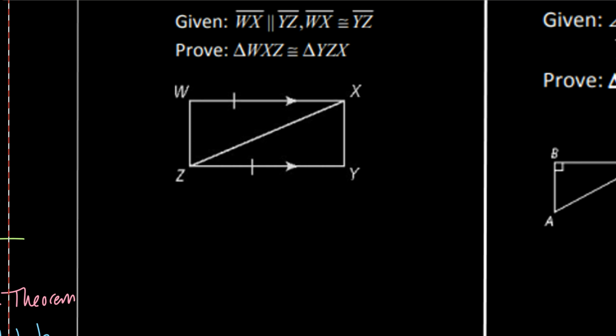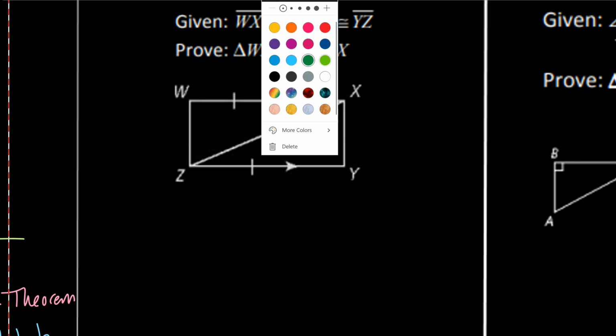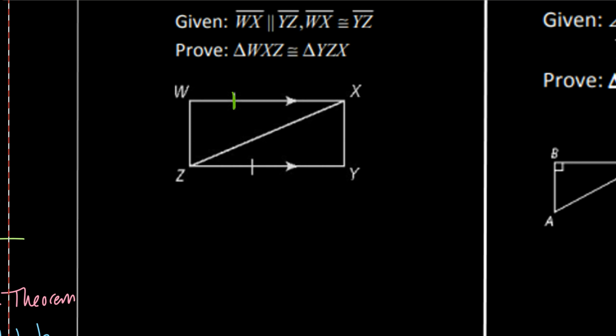So here we have WX is congruent to YZ. Are those marked congruent? Yes, they are. Right here. What else can I mark congruent? The reflexive side is congruent to itself. Good. Very good. That's what I'm talking about.